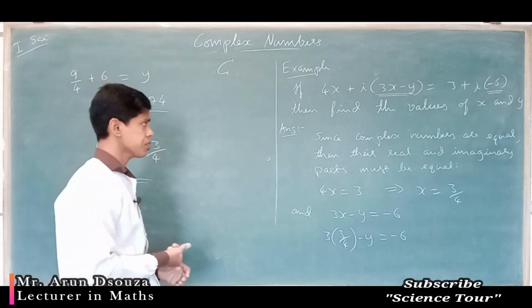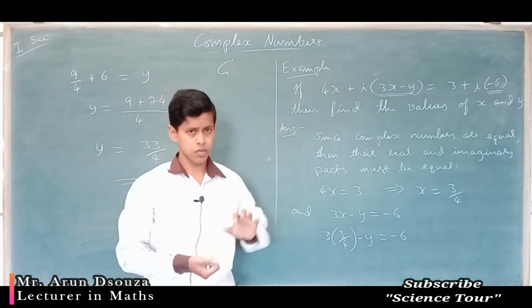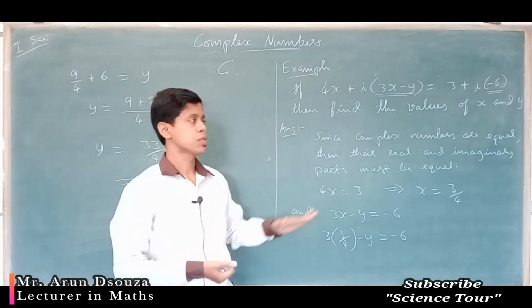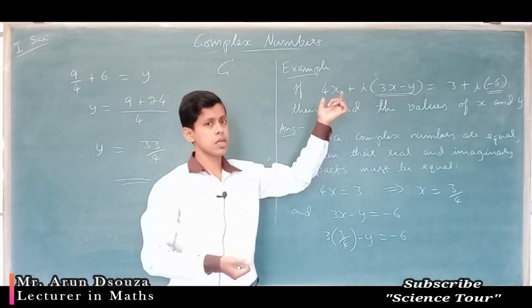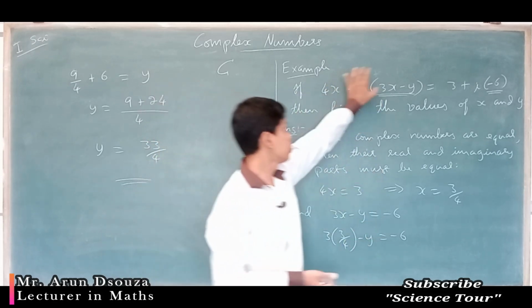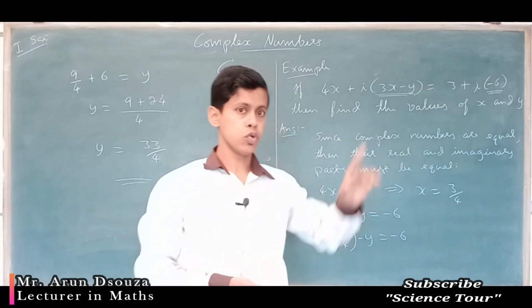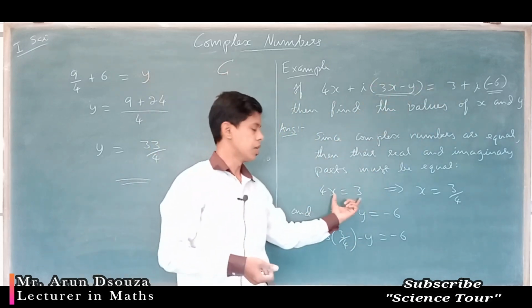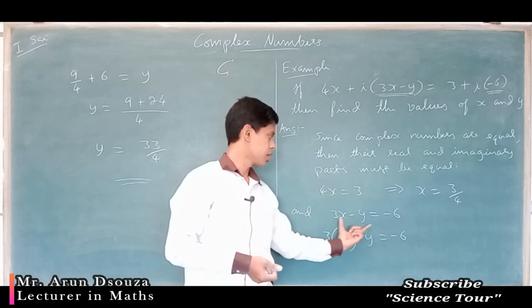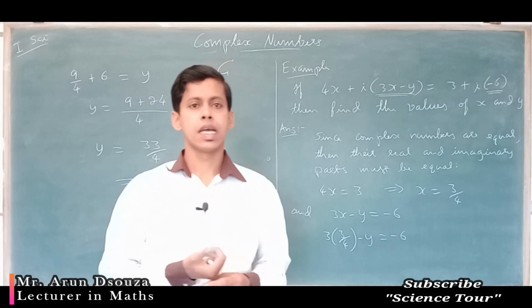And when do you say two complex numbers are equal? If their corresponding real parts are equal and the imaginary parts are equal, then we say two complex numbers are equal. So if two complex numbers are equal, their real parts are equal and their imaginary parts are equal, hence we can find the values of x and y.